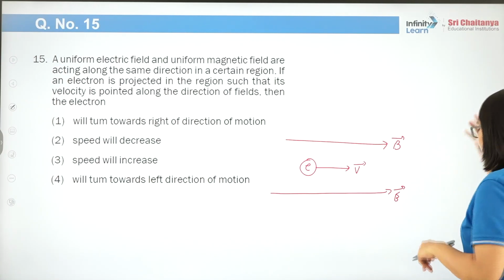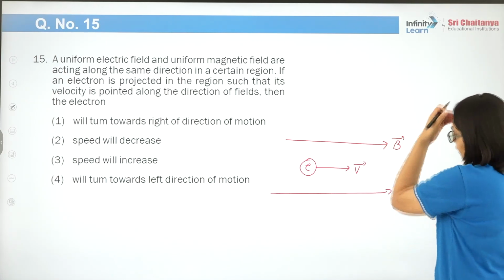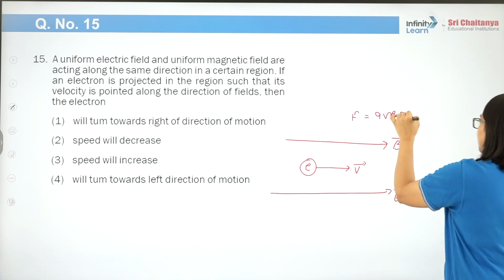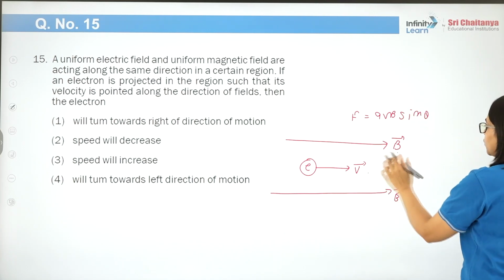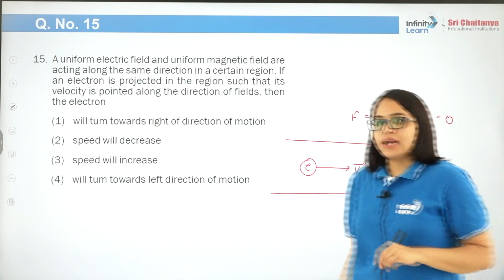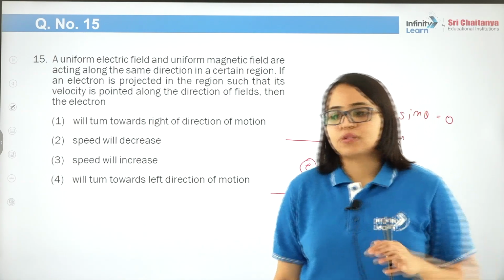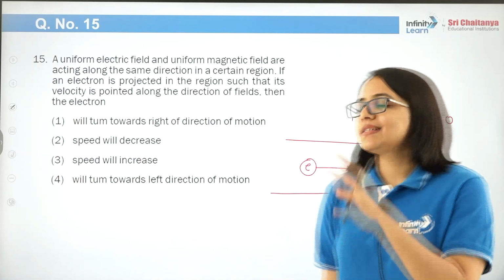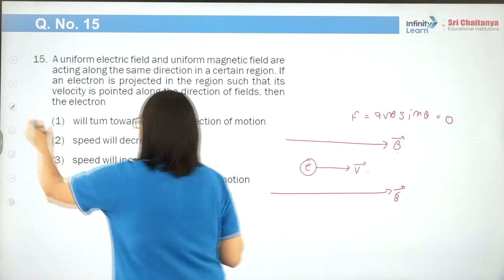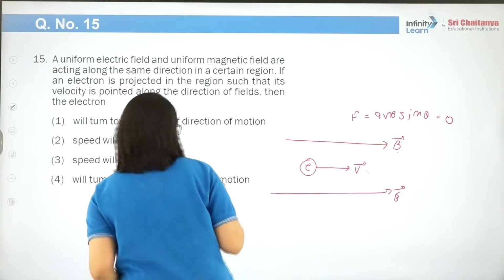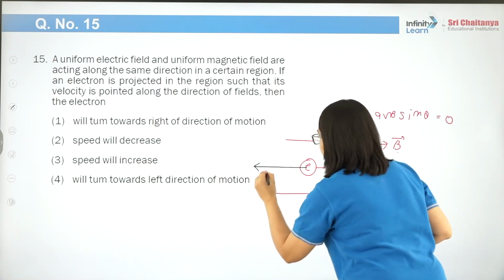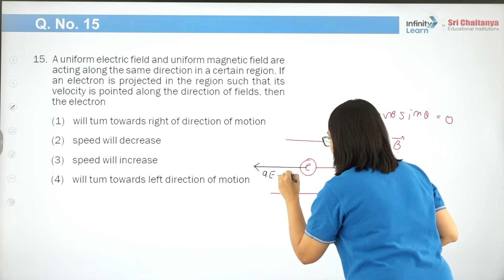Then the electron. So over here, the magnetic force qvB sin theta will be 0 because both the velocity vector and B vector are parallel to each other. But because of the electric field, the electron will experience a force equal to qE. Since this is a negative charge, it will experience a force in the opposite direction of the electric field, like this, eE.